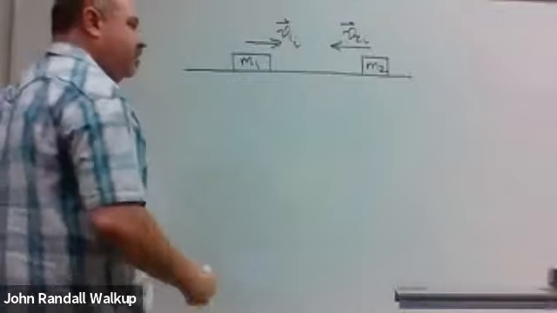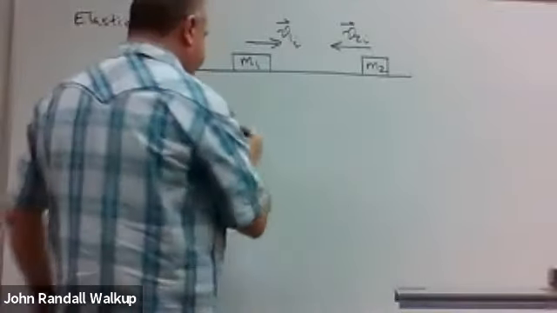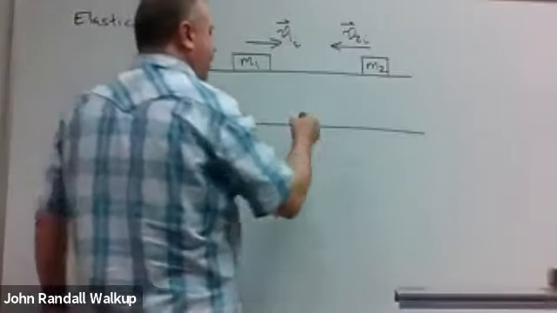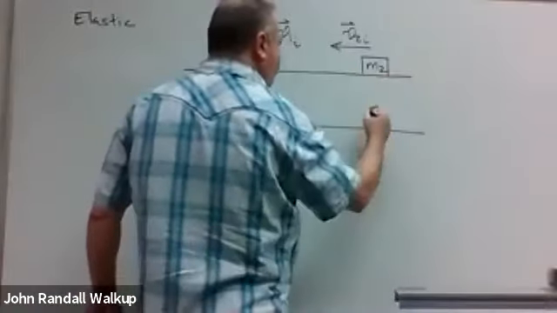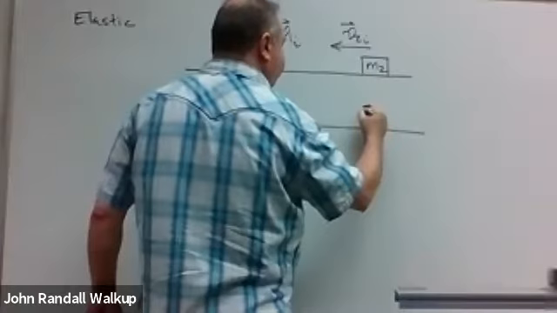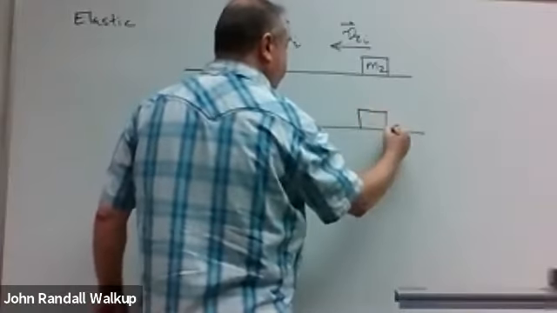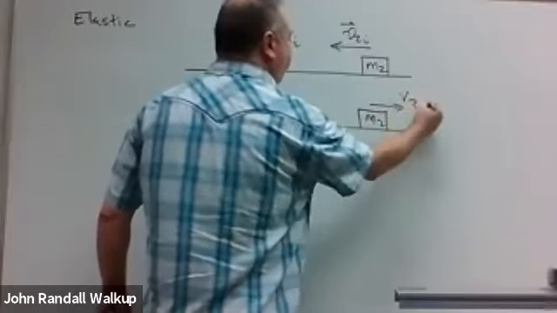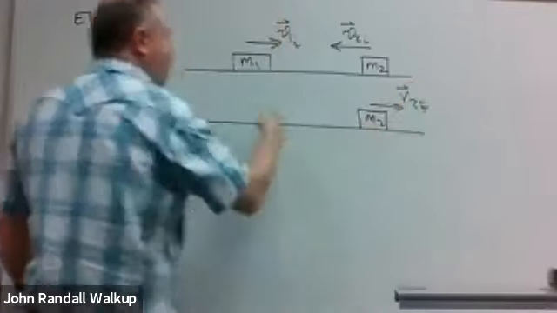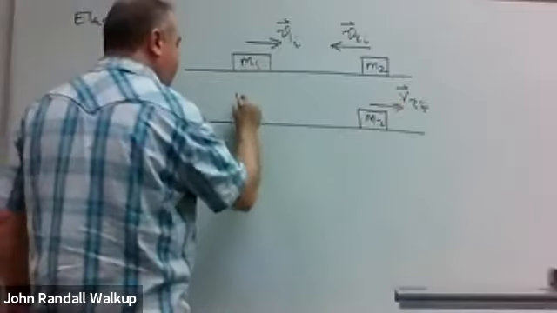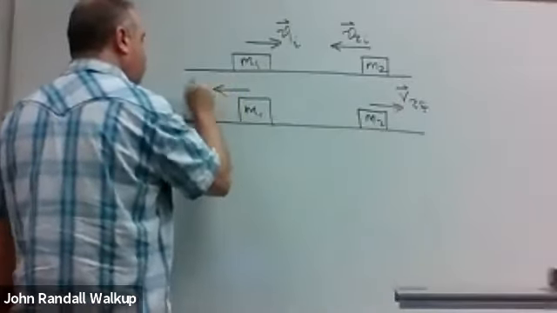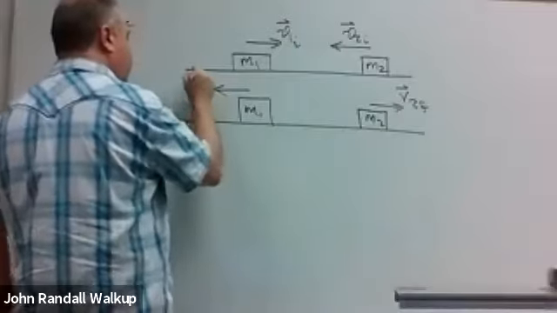And they collide. Blammo. After they collide, M2 is probably going to be going back in the other direction, which is what happened when we launched it. We'll have to call this V2 final. And this one is going to have to be going in the other direction. Well, it doesn't have to, but that's what happened. V1 final.